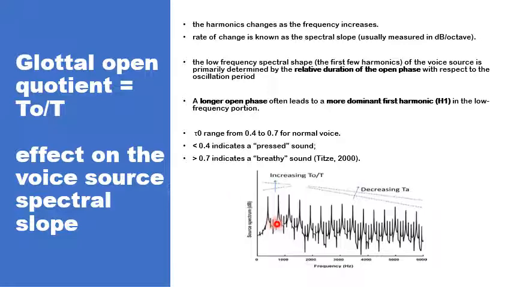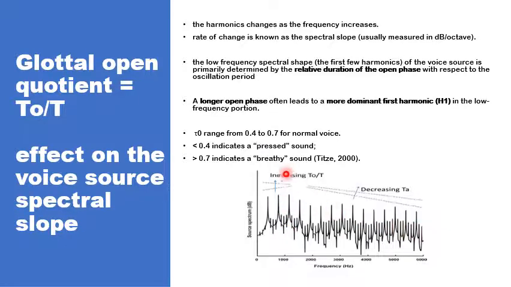This voice source spectral slope graph comes from the fact that the harmonics produced by the voice source change as the frequency increases. This rate of change of the harmonics when the frequency increases gives the spectral slope.